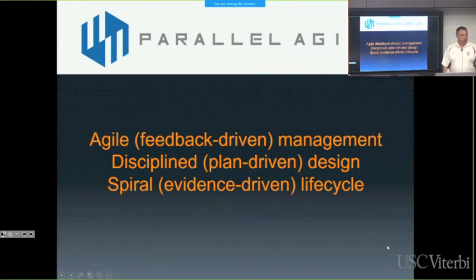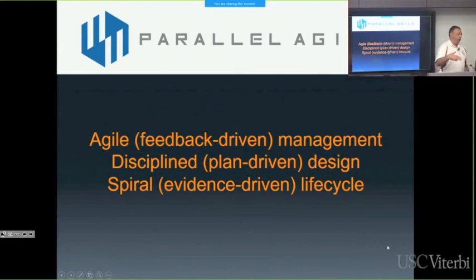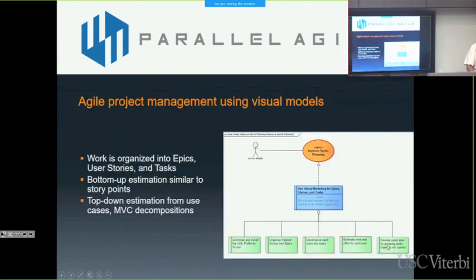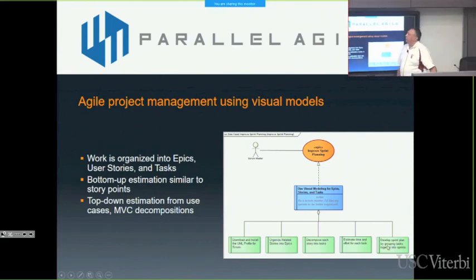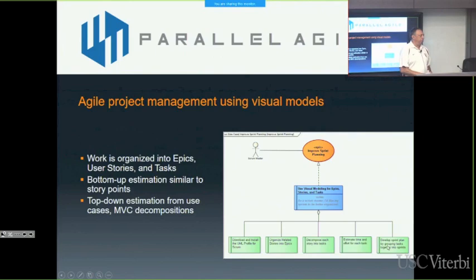So we're trying to do feedback-driven project management combined with plan-driven design, combined with the ICSM spiral model evidence-driven lifecycle. And so on the Agile project management side, we kind of don't think there's much point fighting a battle with the Scrum people about user stories and tasks and epics.